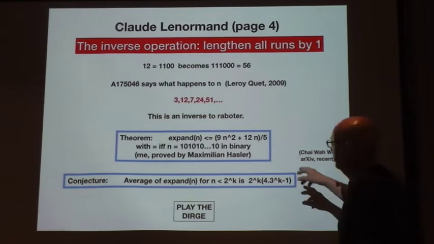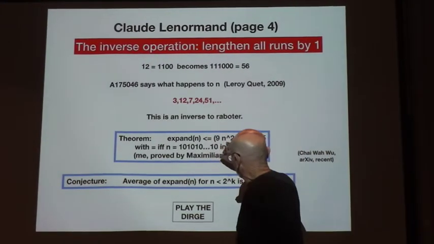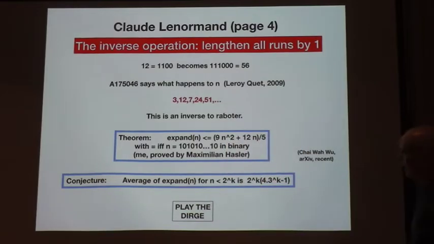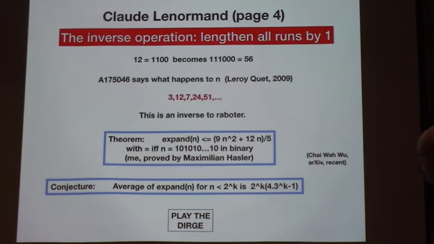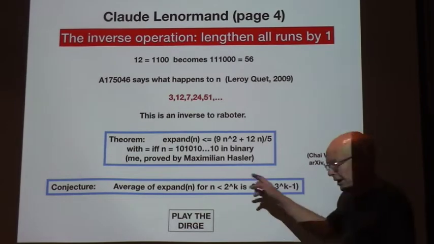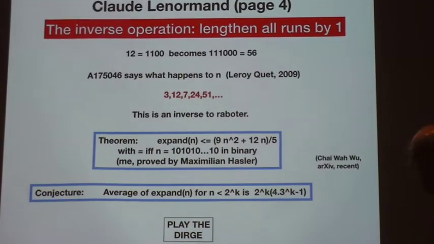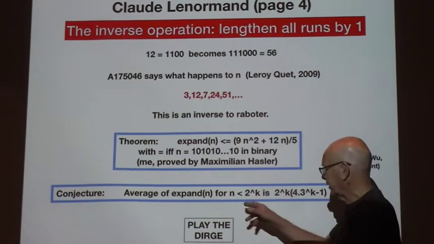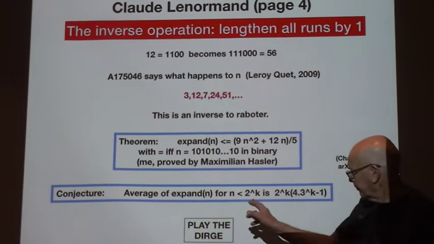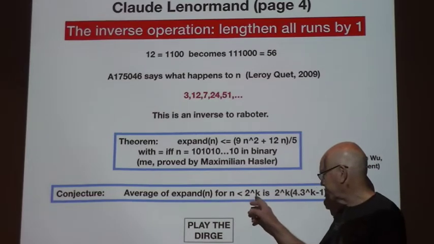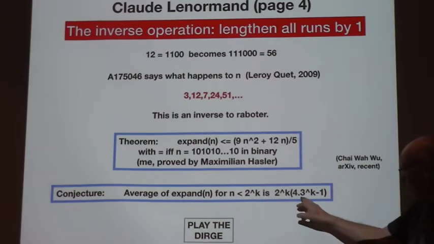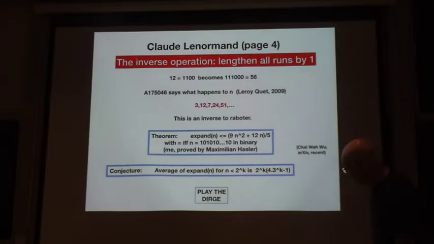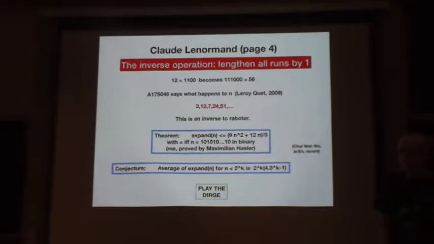And I conjectured there's an upper bound on the expanded version, which is about 9n squared over 5, and Maximilian Hassler proved that that was true. And there's a conjecture, Jerome, if you will. What's the average size if you take a number in the range 1 to 2 to the k and expand it? The conjecture is that the average is exactly 2 to the k times 4 times 3 to the k minus 1.